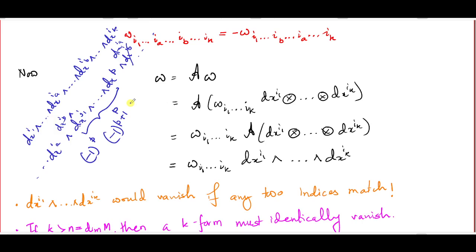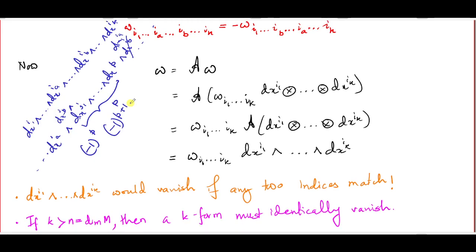Now that is perfectly consistent with the fact that omega I1 through Ik would be completely antisymmetric in all the indices. So you are ending up contracting an object which is antisymmetric in all its indices, the omega I1 through Ik, with this wedge product, dxi1 wedge dxi2 all the way up to dxik, which is again completely antisymmetric in the indices.